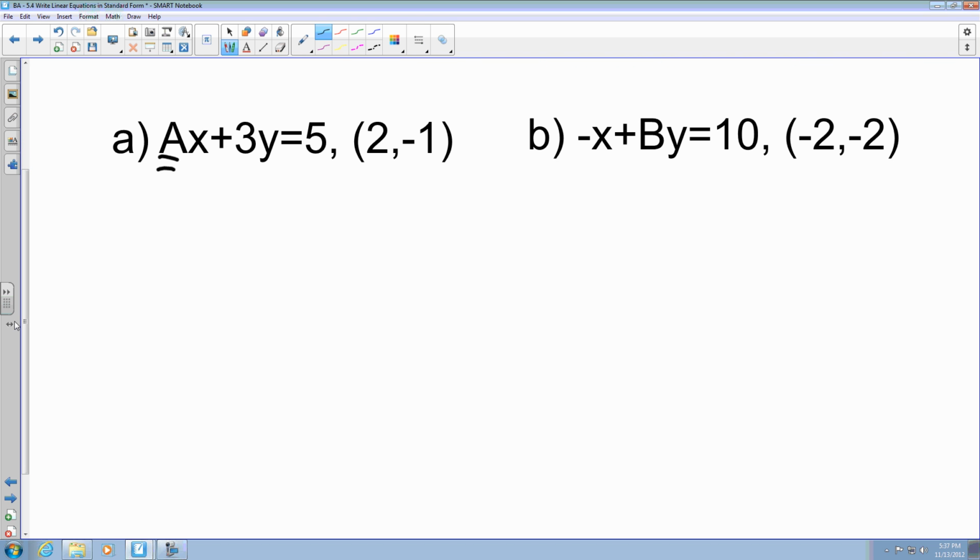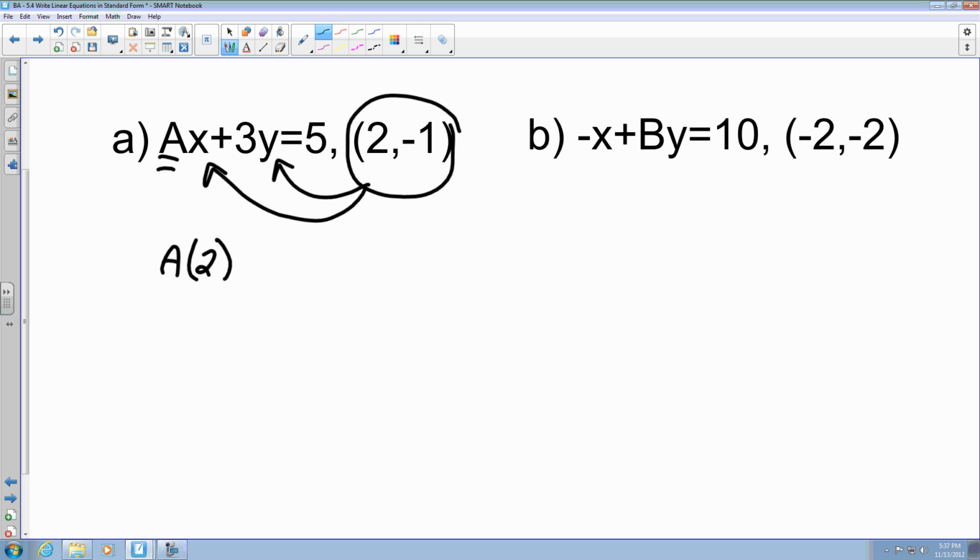In order to find what A equals, I'm going to substitute the given coordinates into the x and y values in the equation. So I have A times 2 plus 3 times -1 equals 5.